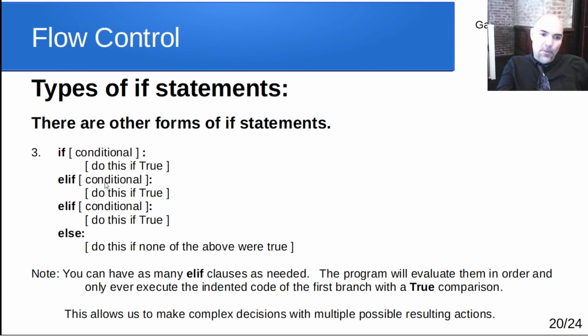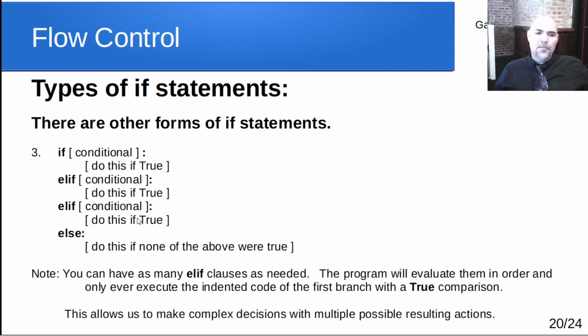If they think they're more powerful than we are, their health is greater than ours, maybe they attack us. Maybe if they are part of the same clan that we're in, or we're wearing an outfit that matches their clan, then they'll try to be our friend and talk to us. So this gives us the ability to have more than one condition to decide more than just one action or two actions. We can have any number of these as we want. So note that you can have as many of those elif clauses as you need for whatever it is you're trying to do.